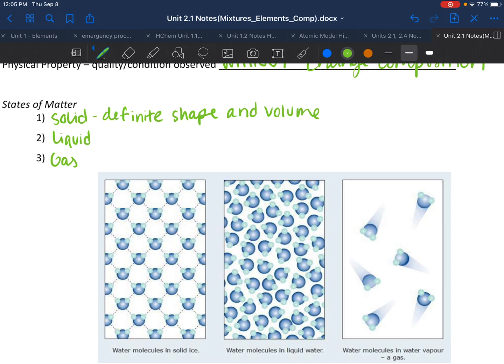Liquid. Now, if I have a cup of coffee or a glass of water, if I tip my glass, that liquid is going to change its shape. So this is what we call indefinite shape. But unfortunately, even if I wish it, my cup of coffee is not going to magically grow, so it does still have definite volume, meaning that will not change.